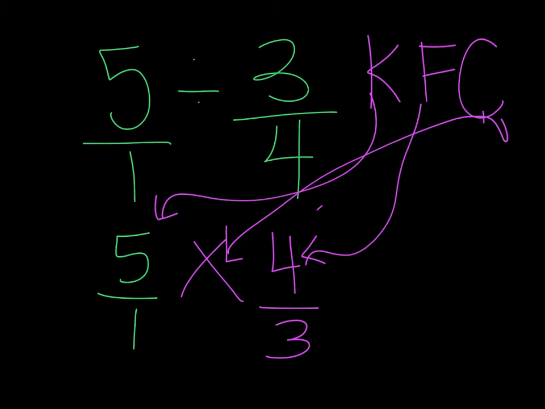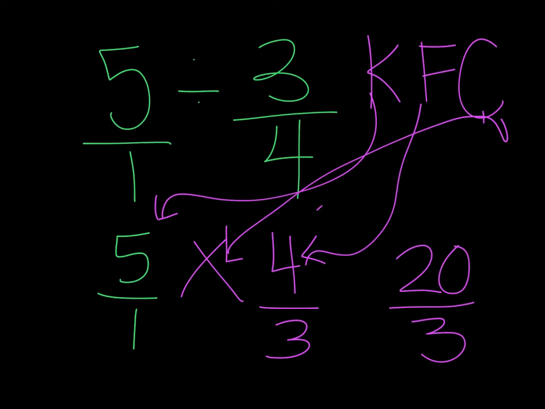Now, what am I ready to do? Multiply. What's 5 times 4? 20. 3 times 1? 3. Oh, but we've got some trouble here. What do we need to do? Simplify. We've got to simplify. And on this one to simplify, we've got to make it a what? Mixed number.